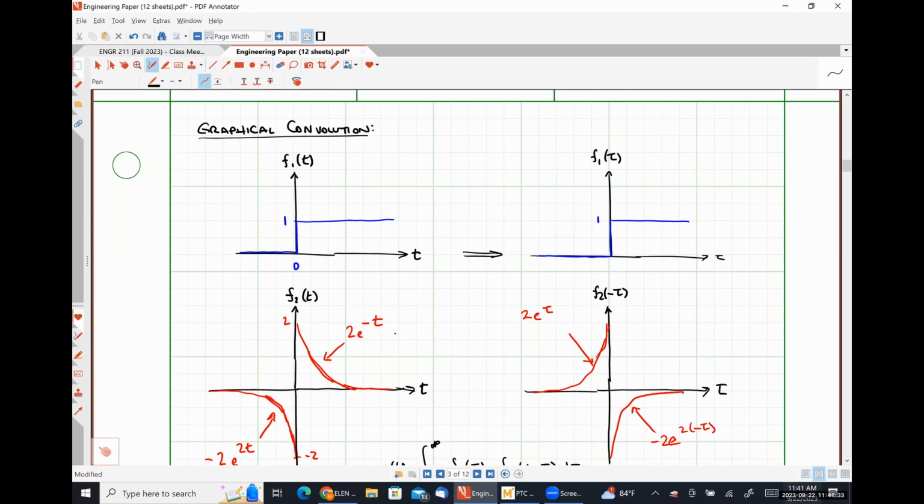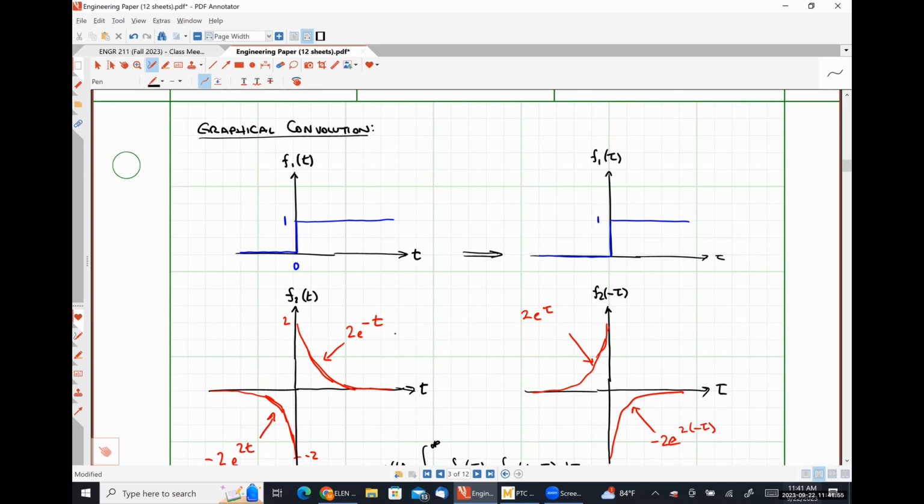Does that make sense? So when you say replacing t with t minus tau, right? So negative t, evaluating this function.